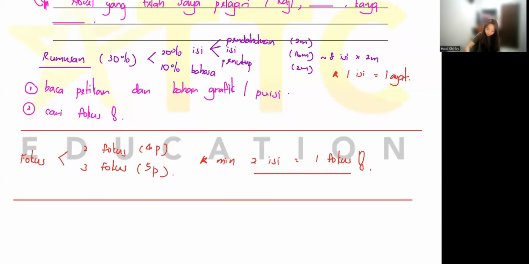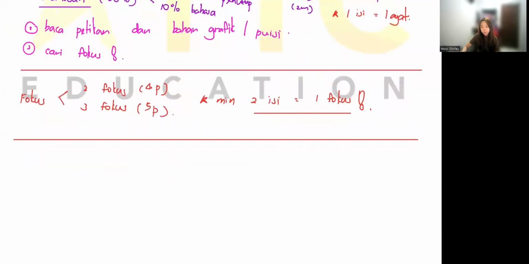Then the next part. Teacher, minimum 2 EC for 1 focus. Then how am I going to combine all the focus and how can I get the 8 EC?